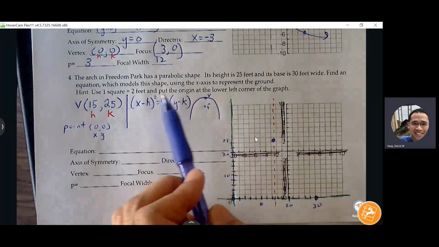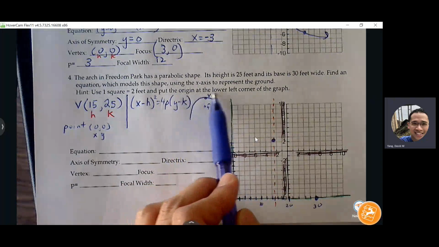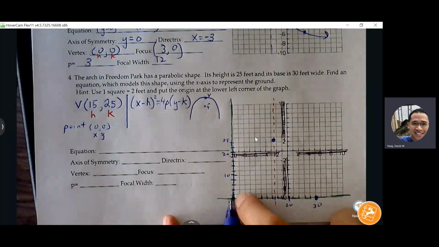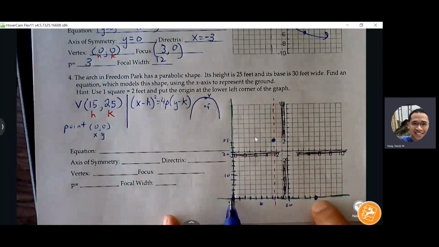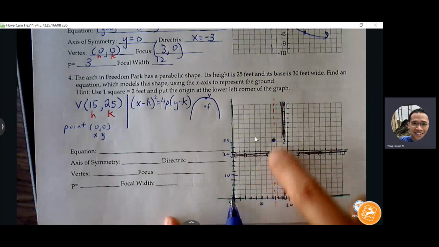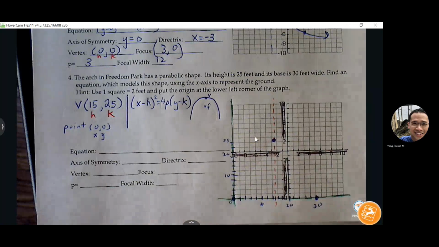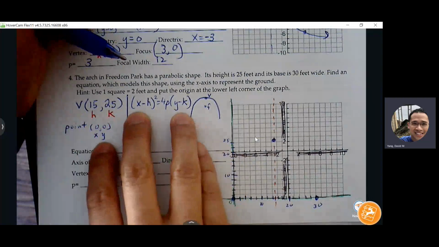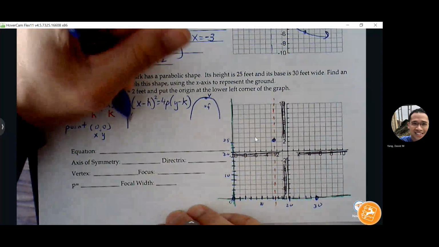And it says put the origin at the lower left corner of the graph. So my arch is going to start here and it's going to end here. Right. So that's a base length of 30 and a height of 25. Okay, so 0, 0 and 15, 25 gets inserted into my equation.